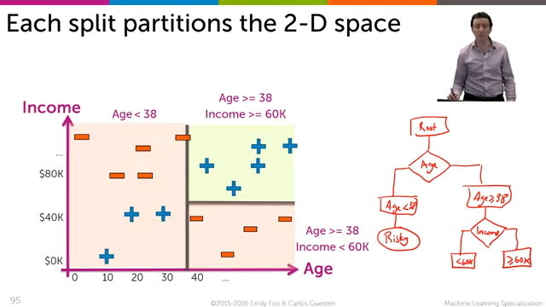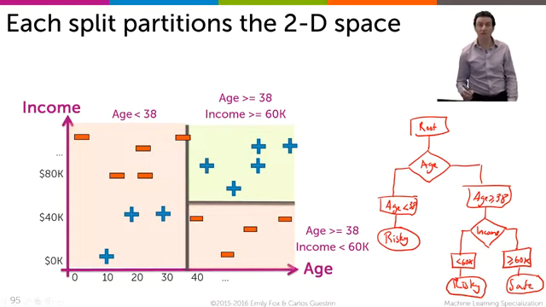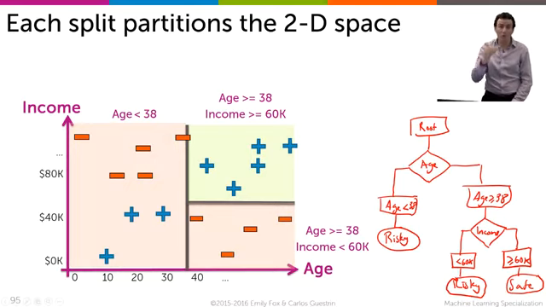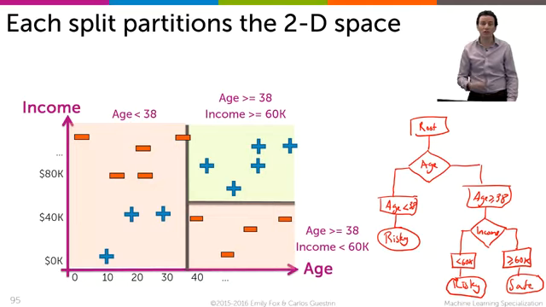For the ones that have income greater than or equal to 60,000 and age greater than 38, we predicted those were safe loans, while the ones that had age greater than 38 and income less than 60,000, we predicted those to be risky loans. And this is an example of a decision tree where we're making binary splits on the data for the continuous variables.